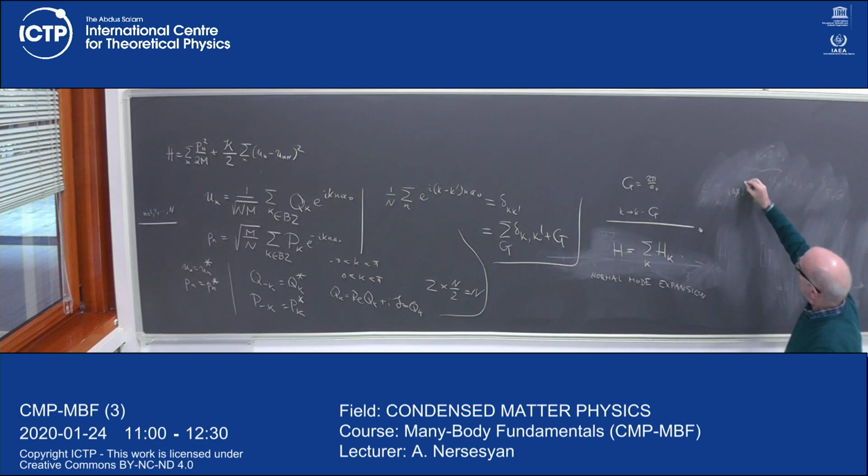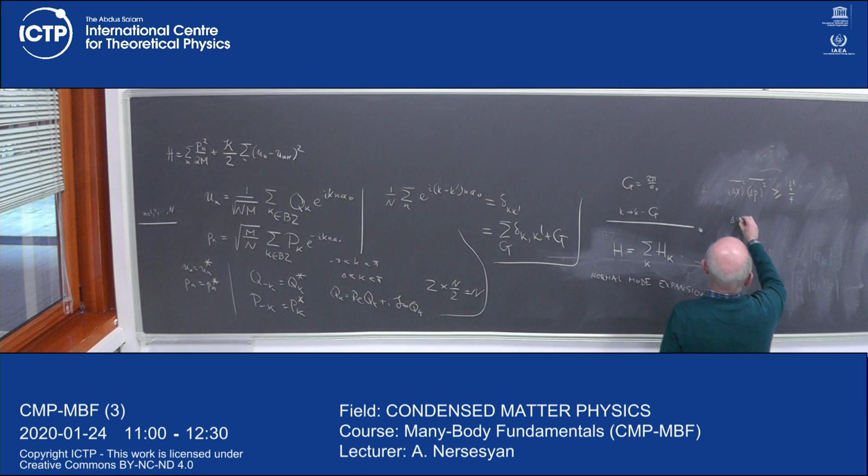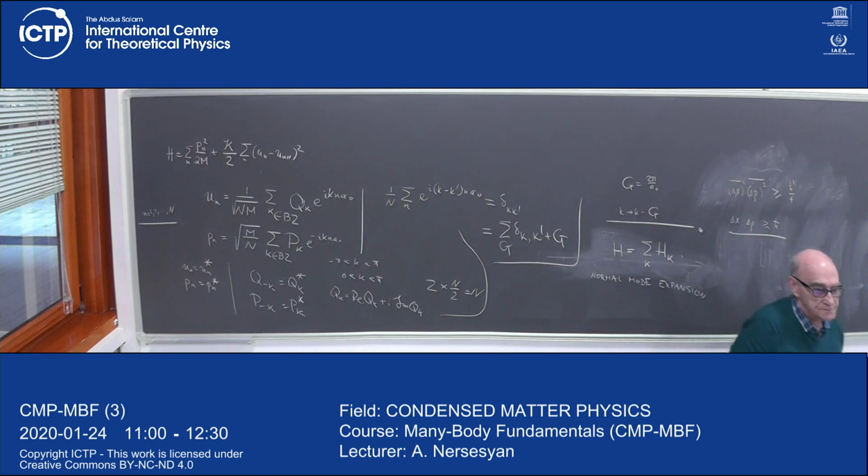To be quite accurate, I have to square this, and then average this, and then write down something like, if I'm not mistaken, it should be 4 here. Maybe I'm wrong. Maybe 4 is not necessary. To me, what is important is that whatever the definition, delta x times delta p, understood in this pedestrian way, should be at least of the order of h. This is what I know.